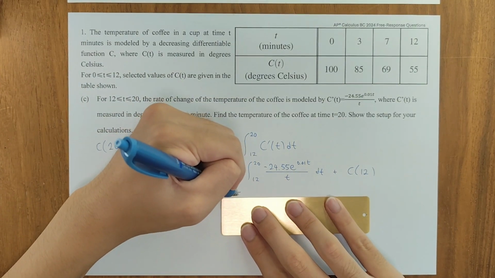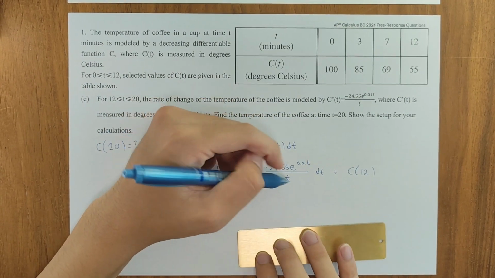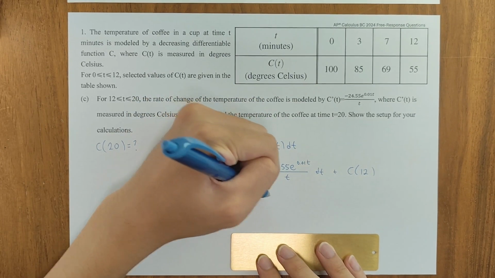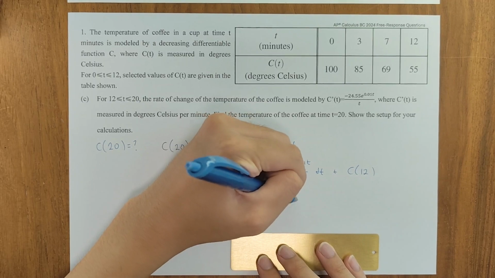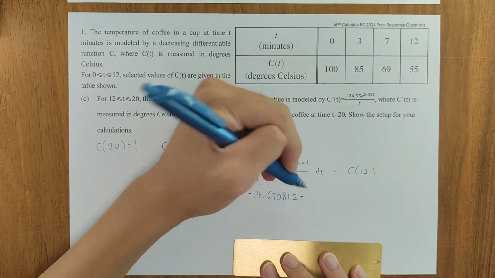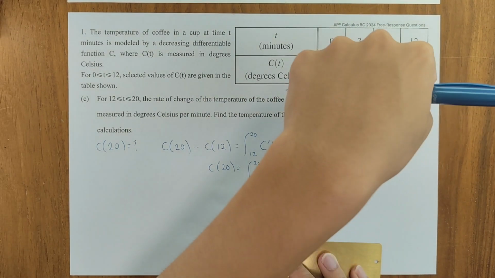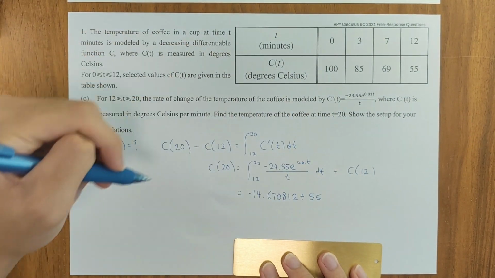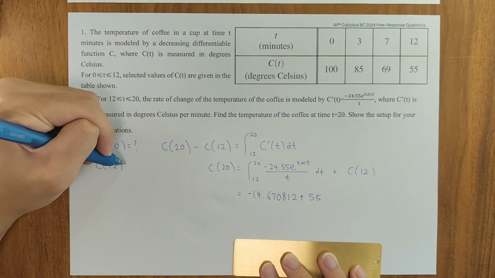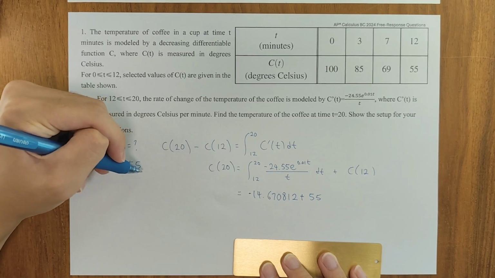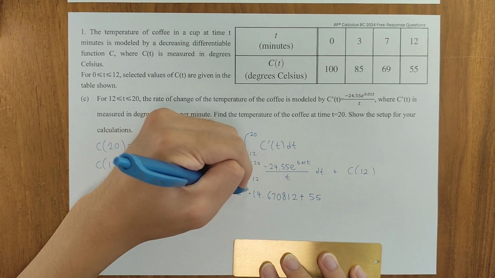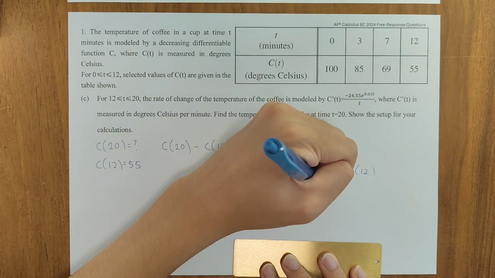This integral equals negative 14.670812, which is found using a calculator. So plus C12, which is given as 55. Make sure to write down C12 equals 55. Now C20 equals this value here, and we also have to write the units down.